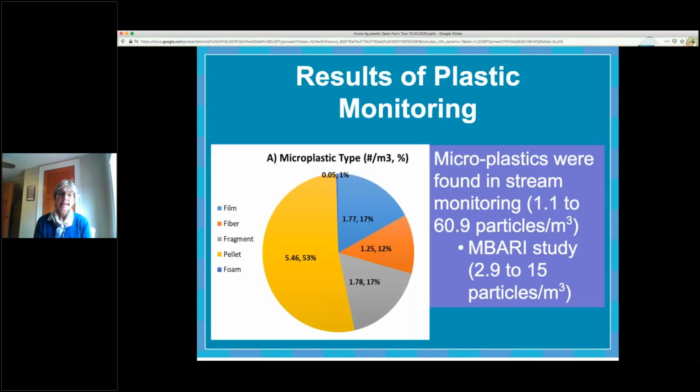Next slide. So in terms of microplastics, it's interesting because the primary type of plastic we found was pellets. And so this is those slow release fertilizers that I talked about earlier, which is one of the plastic uses in agriculture. Those kinds of fertilizers just have a little coating of plastic that can be different colors.